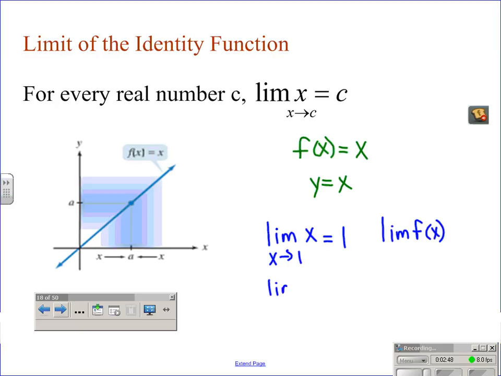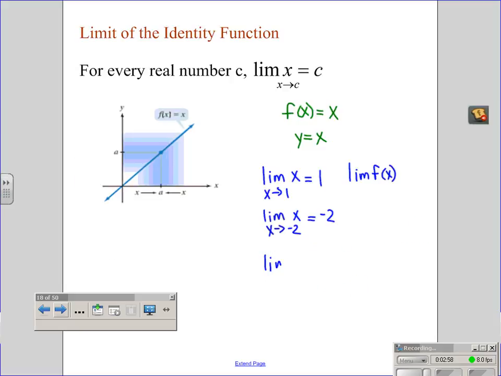And then we could also say that the limit as x approaches negative 2 is equal to negative 2. And we could continue this. The limit as x approaches negative 100 is negative 100. All right, and so there we have the limit of the identity function.